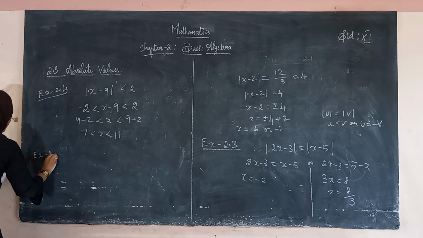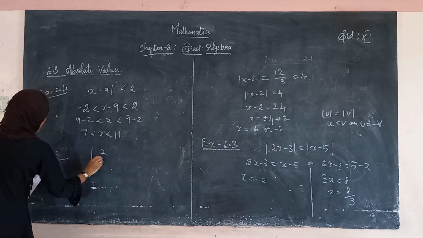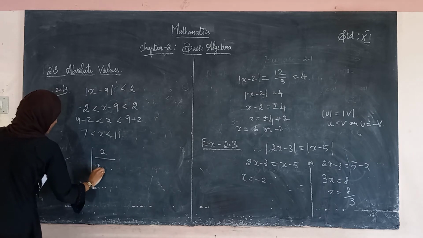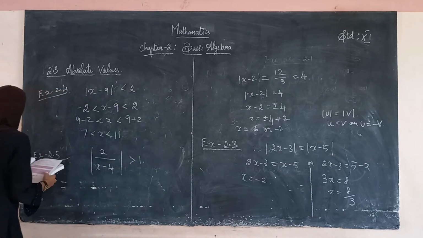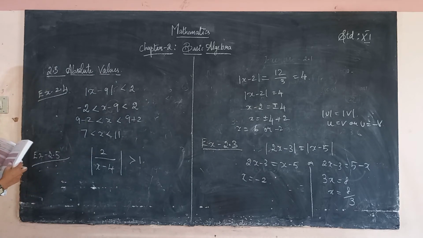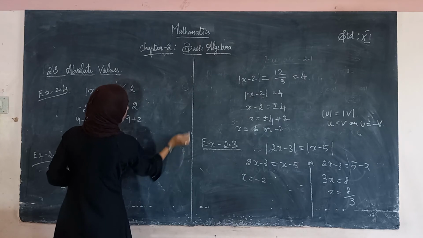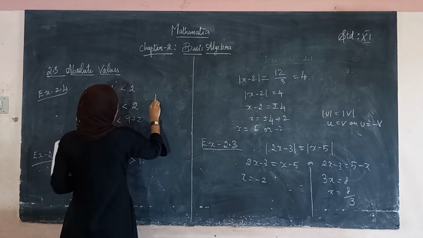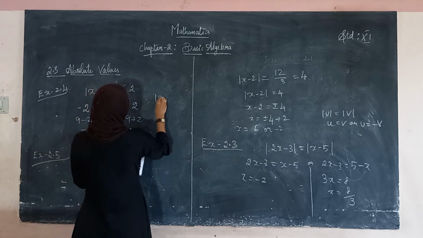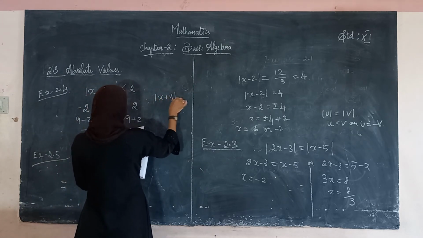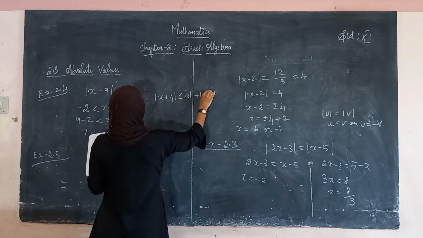Example 2.5. Solve modulus of 2 divided by x minus 4, which is greater than 1. There are some properties. Modulus of x plus y will be less than or equal to modulus of x plus modulus of y.